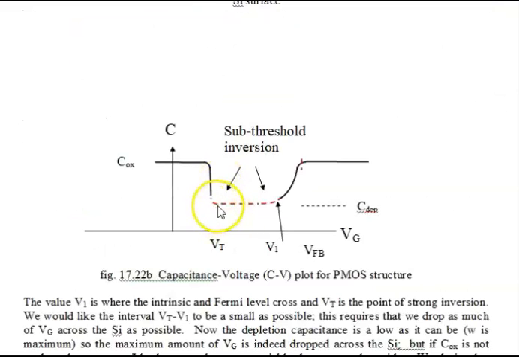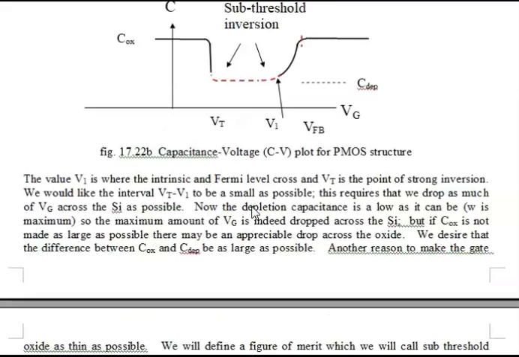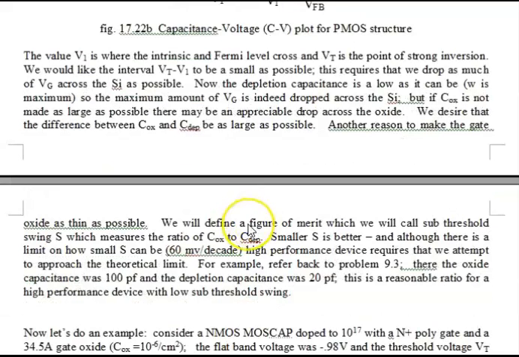This region here is the bad boy. That's what we like to minimize as much as possible, and we'll learn about a little bit later on a figure of merit, which is called subthreshold swing S, which measures the ratio of Cox to C-dep.